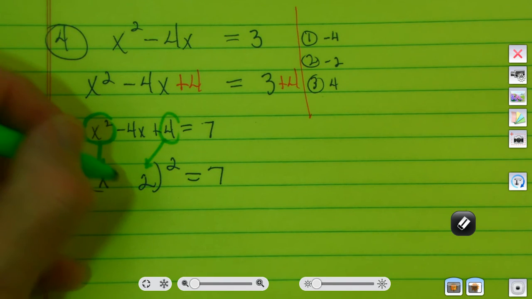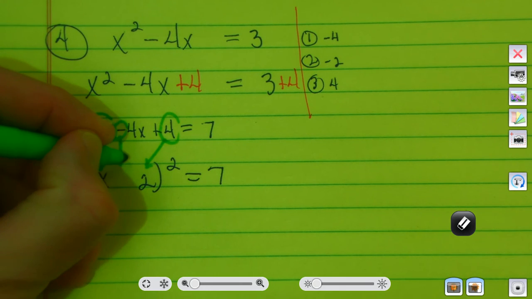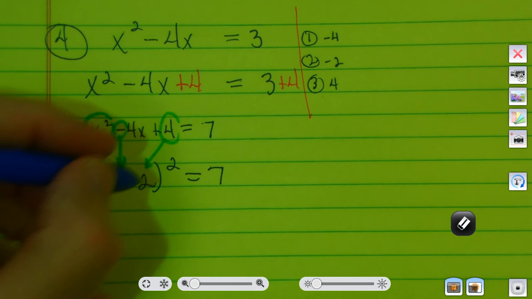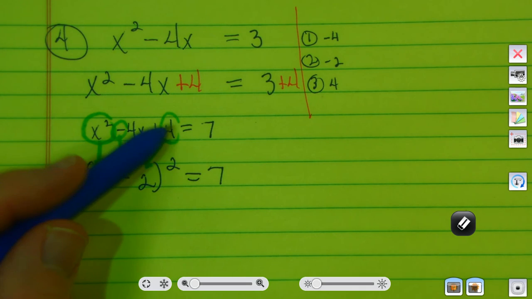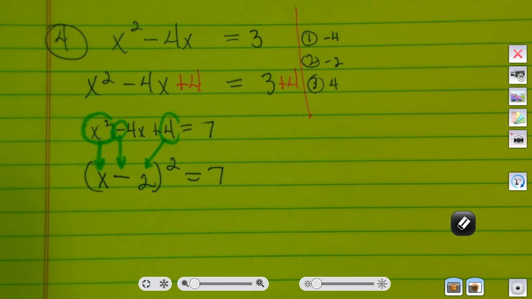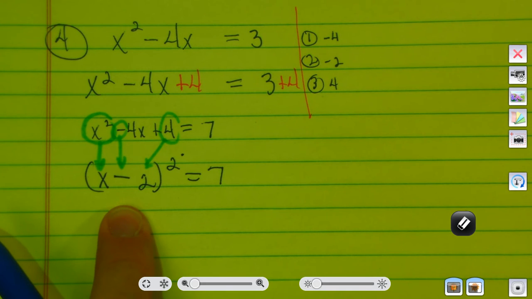And the sign is dictated by the middle term. Once you practice that, you can do that quickly. So x squared minus 4x plus 4 is just x minus 2 squared. Okay? So it's fast. You can do it really fast, and it's really simple. And this looks like the problems we started out with.